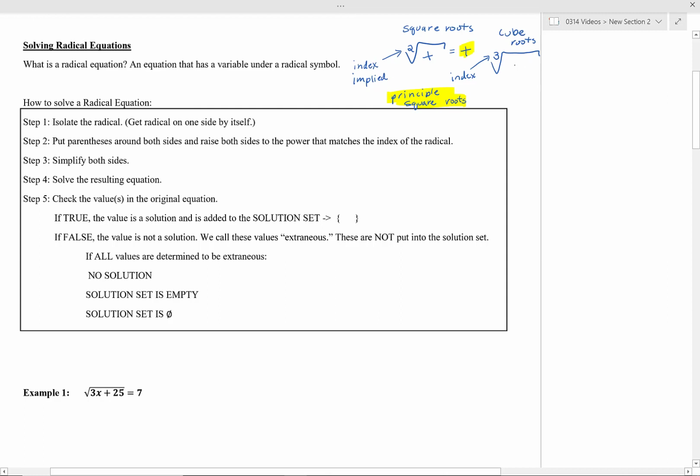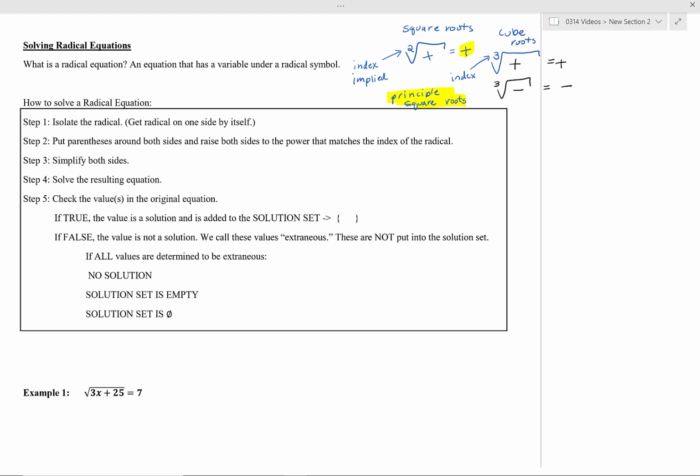With cube roots, if we take the cube root of a positive number, then our answer is positive. If we take the cube root of a negative number, then our answer will be negative. So it's a reminder of what we talked about a few weeks ago.